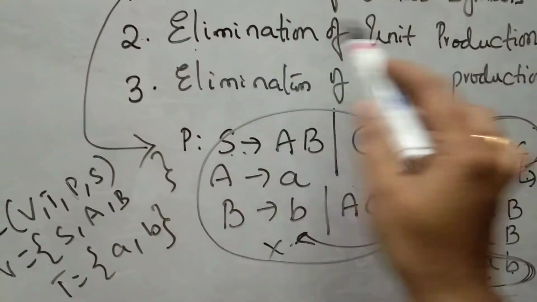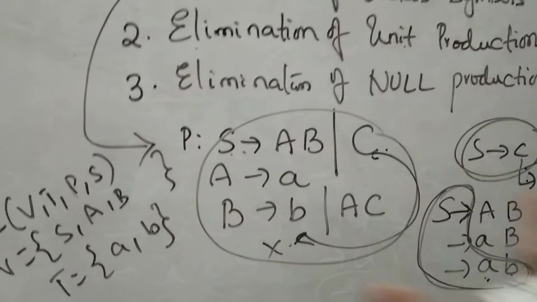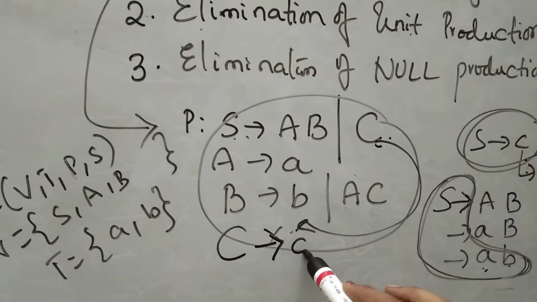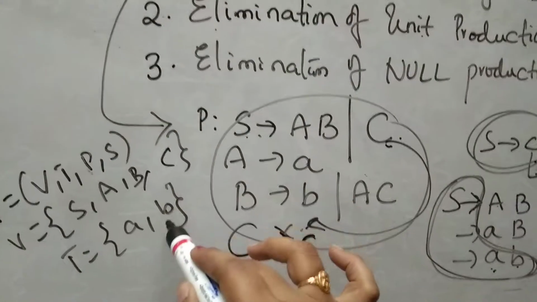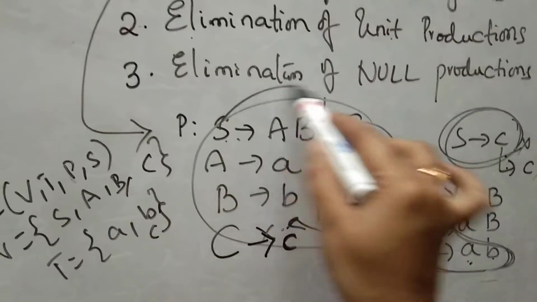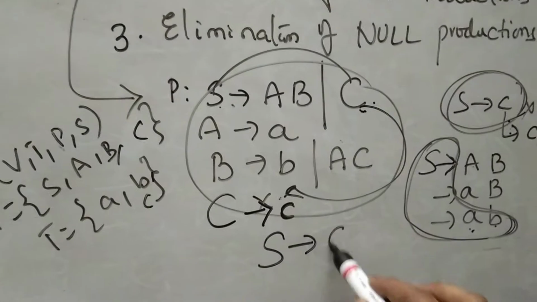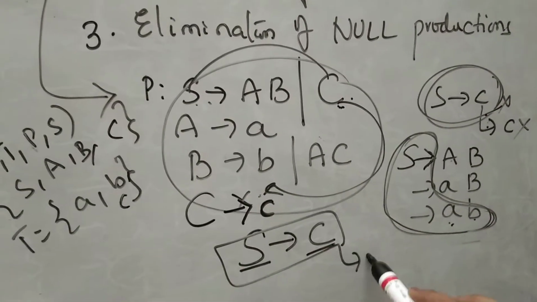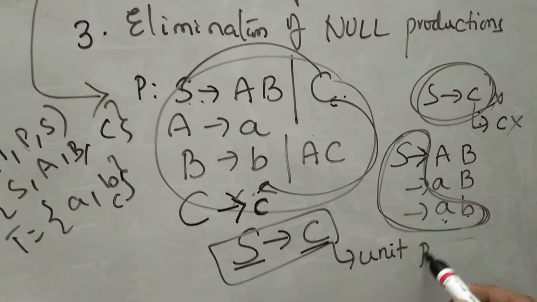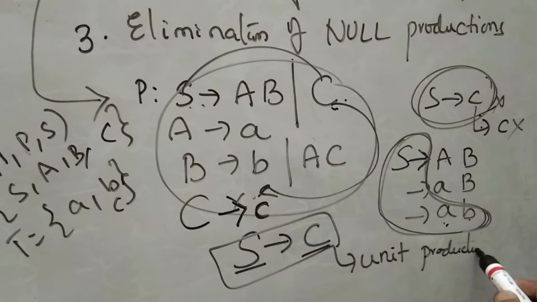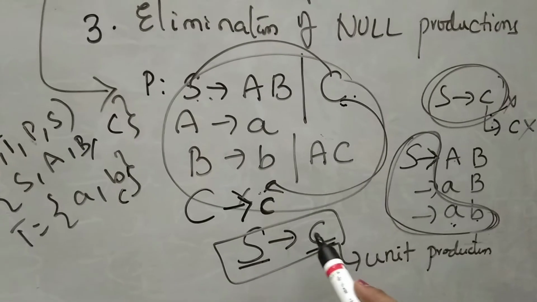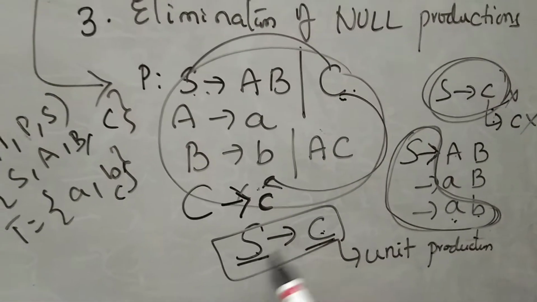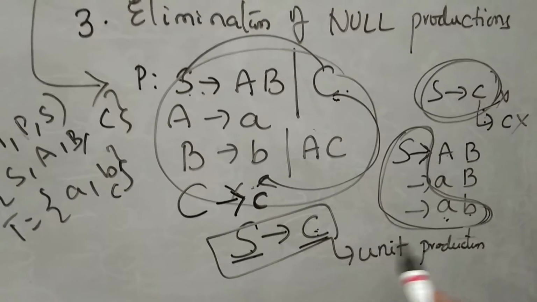Similarly, elimination of unit productions. For example, take the same grammar, where C tends to small c. Then S tends to C, a variable to a variable, is called a unit production. What is a unit production? A variable is replaced by another single variable. One variable to one variable, that we call a unit production.